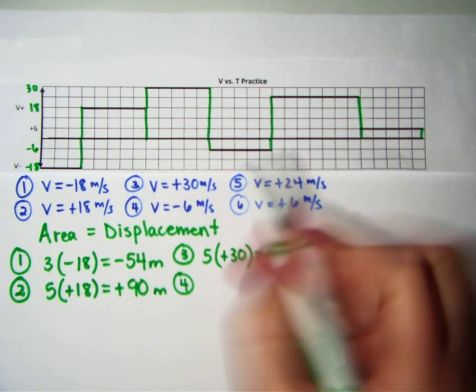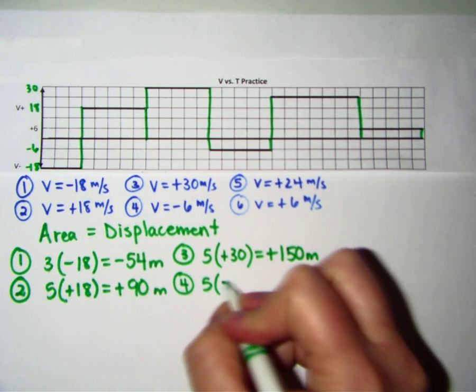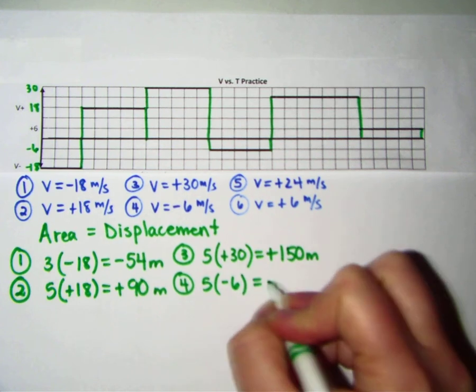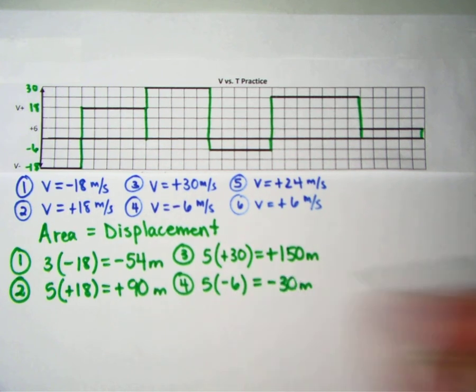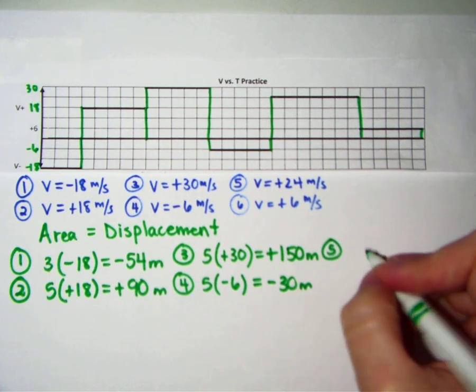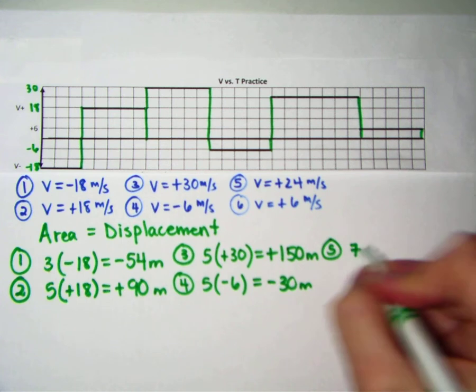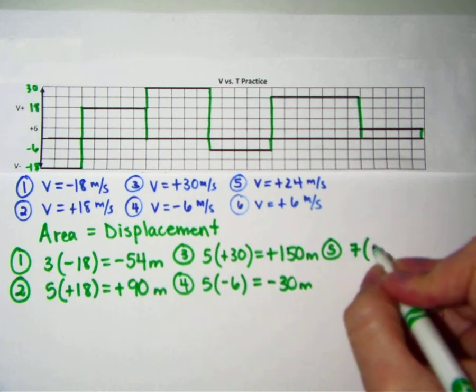For the fourth segment, also 5 seconds times negative 6 equals negative 30. For the fifth segment, we are going 7 seconds for positive 24.